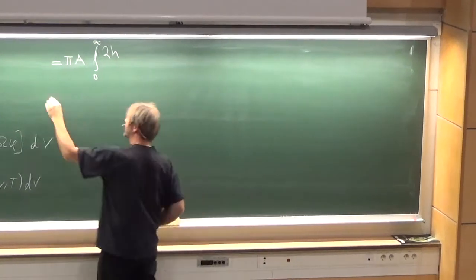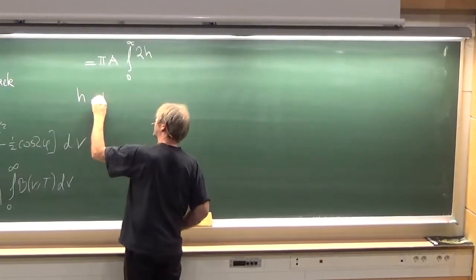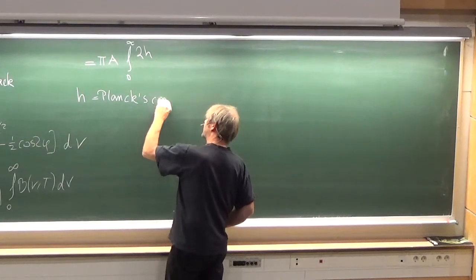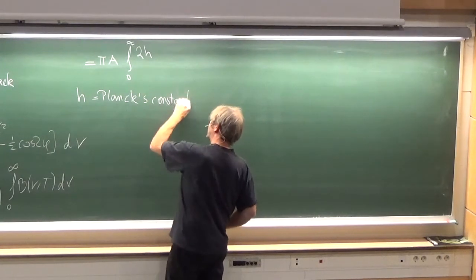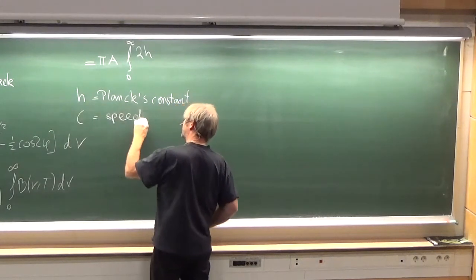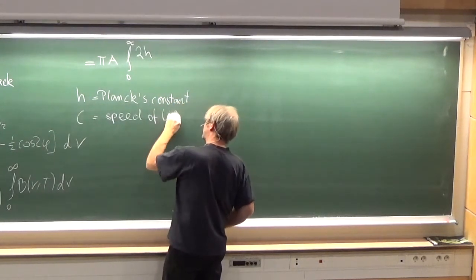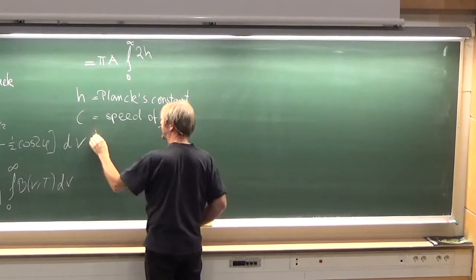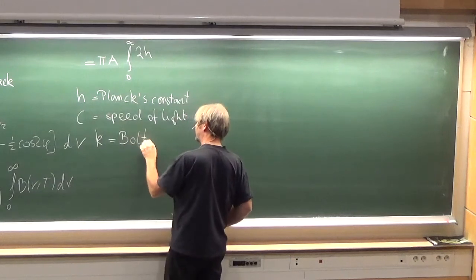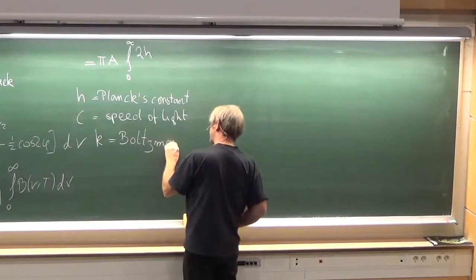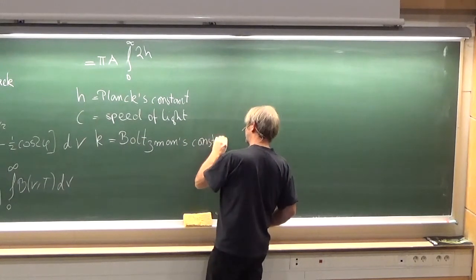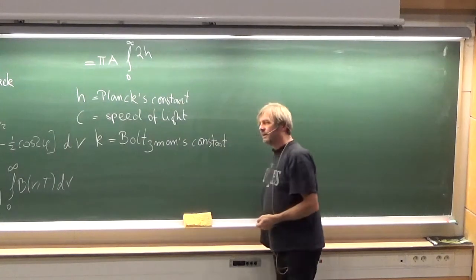Maybe we should write that. c is the speed of light. And k is Boltzmann's constant.